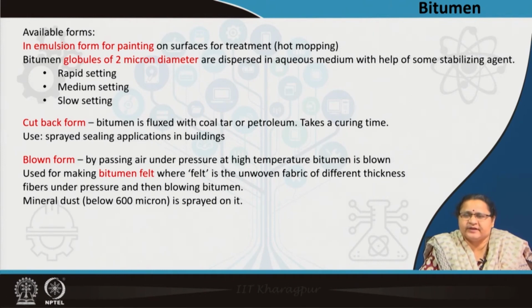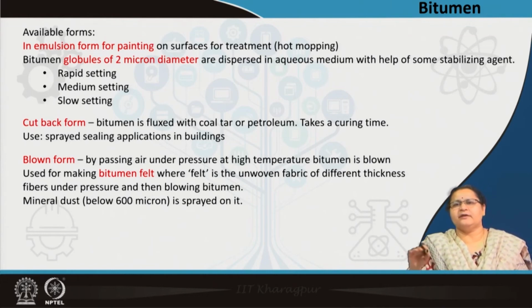We had seen applications of sheets, bituminous felts, which were mostly applied on the rooftops. You can go back and see the lecture where we had shown the torch application. So, those are bituminous felts, which is blown form of bitumen.